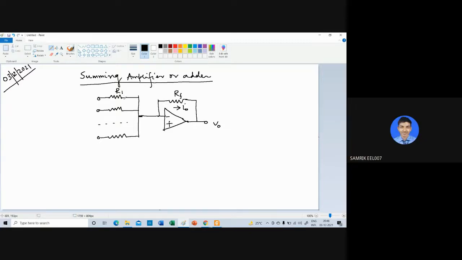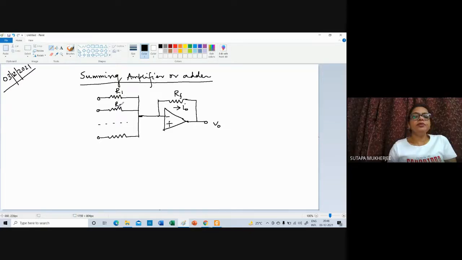You are very honest, you will do it. The inputs are V1, V2, up to Vn. And this is I naught coming out. And the non-inverting terminal is grounded.